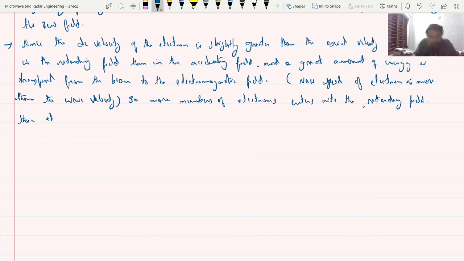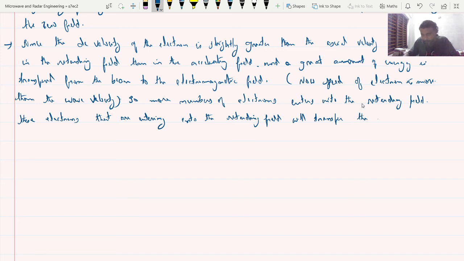These electrons that are entering into the retarding field will transfer the energy to the electromagnetic field.